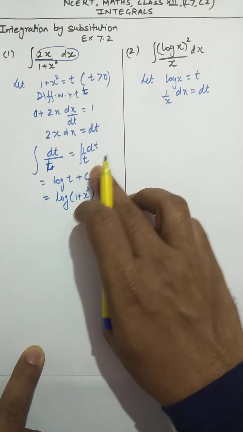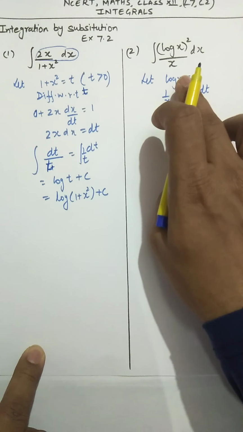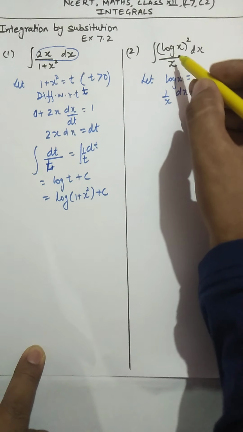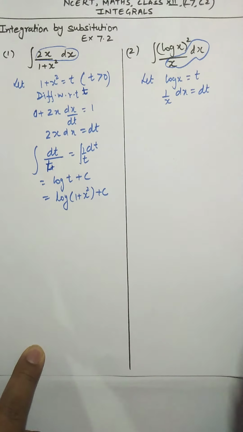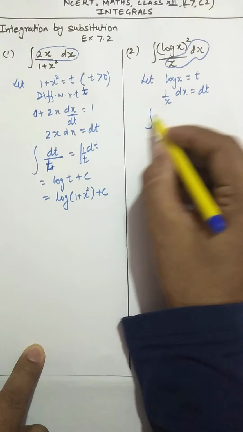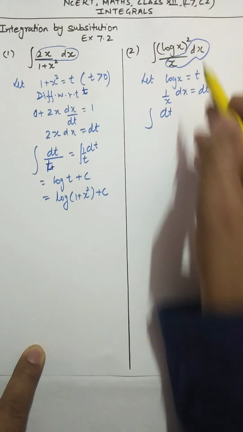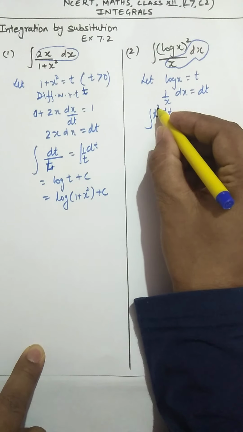As we have done earlier, we are differentiating with respect to t. So now you can substitute dx upon x as dt. So we can write this as dt, and log x you assume as t, so this is going to be t square.